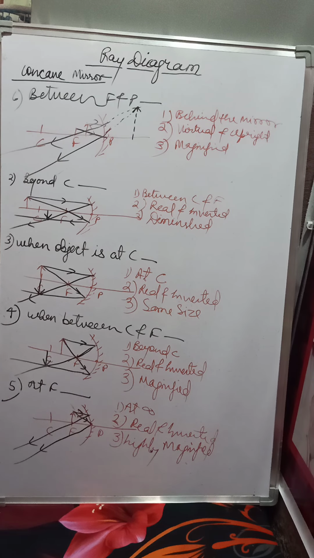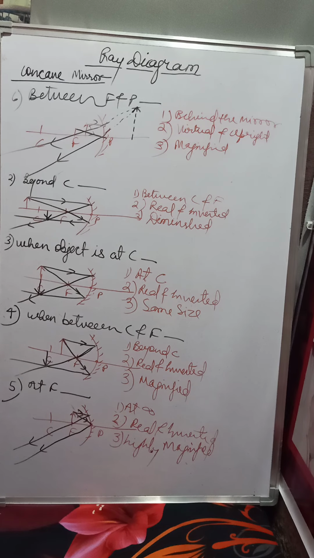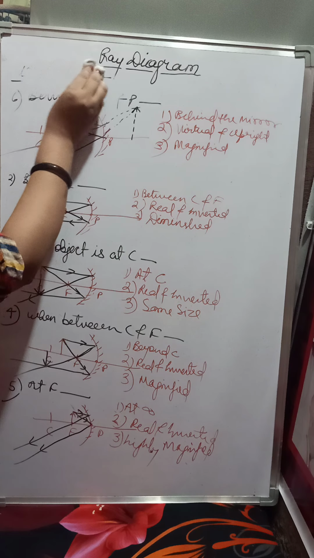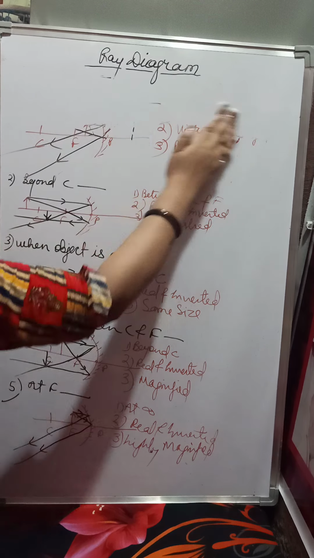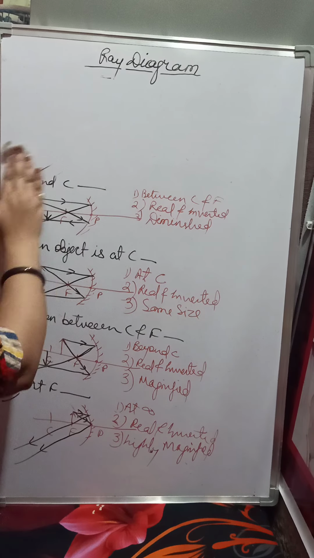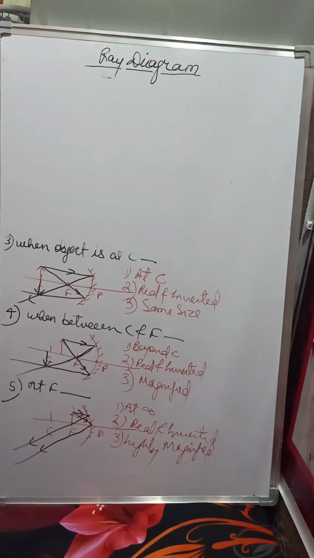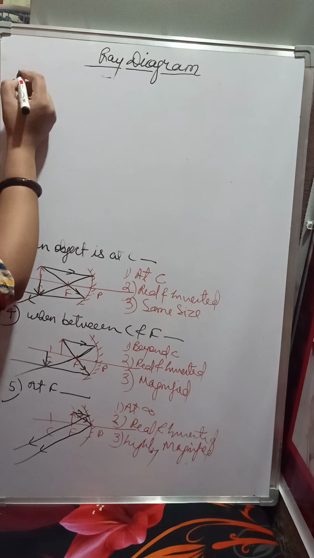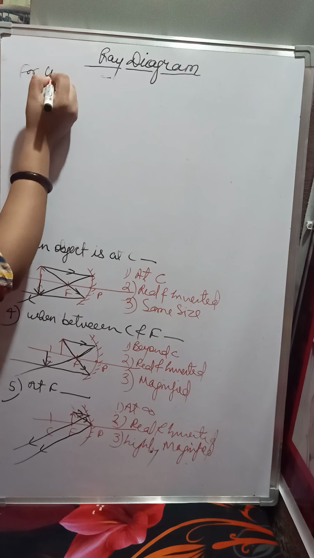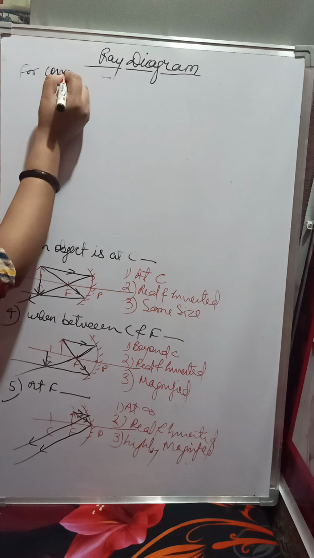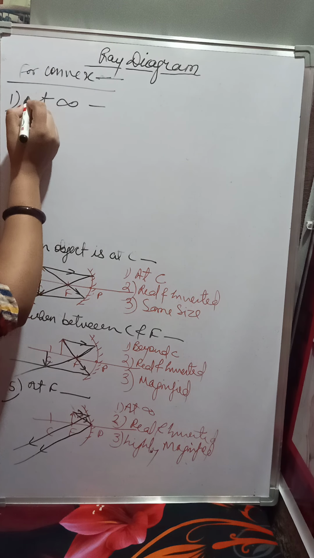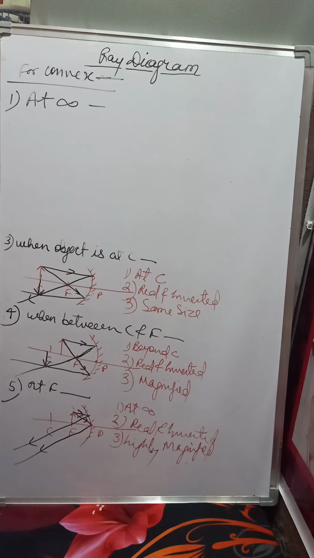So, first I will explain the first point. For convex, when the object is at infinity.